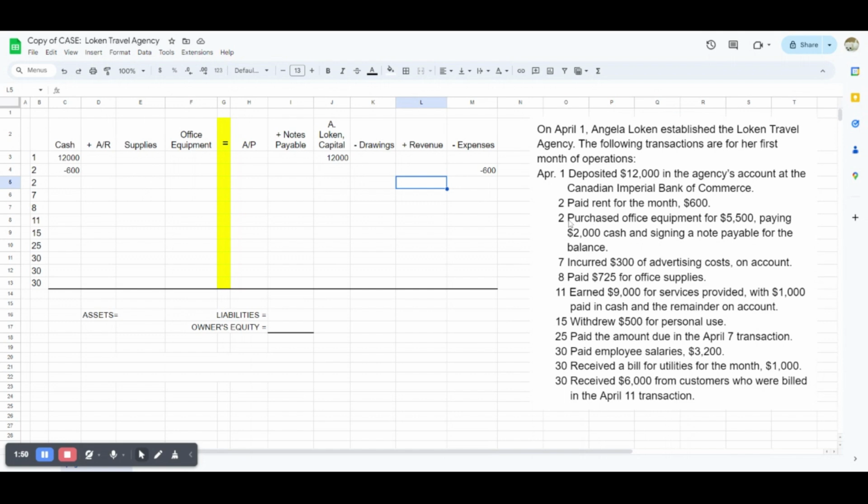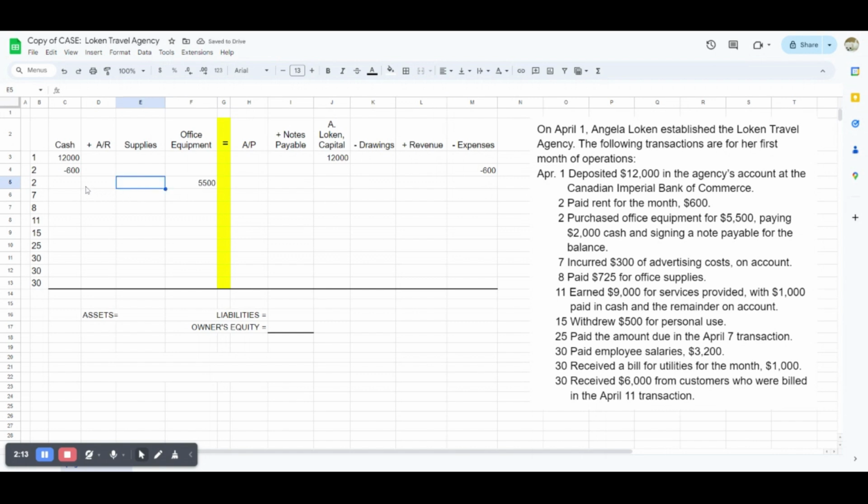So if we just focus on the first part, it says purchased office equipment for $5,500. So eventually you're going to have to pay $5,500 for the office equipment. So office equipment is an asset and it's going to go up by $5,500.